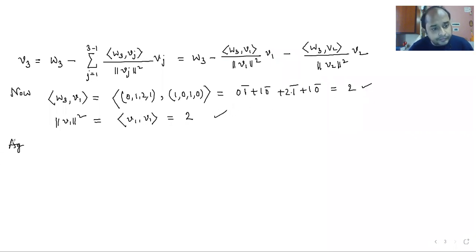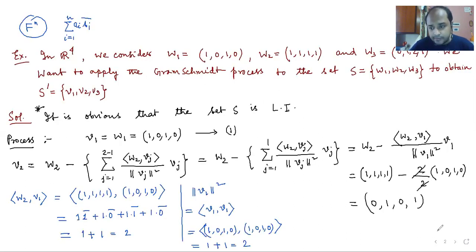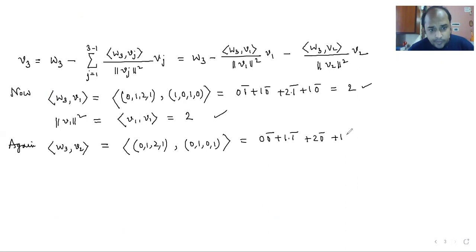Again, W3 V2. Okay, so W3 V2 means put the vector W3, and what is V2? V2 was 0, 1, 0, 1. So let us put 0, 1, 0, 1 and find this inner product. This would be 0 into 0 bar plus 1 into 1 bar plus 2 into 0 bar plus 1 into 1 bar.